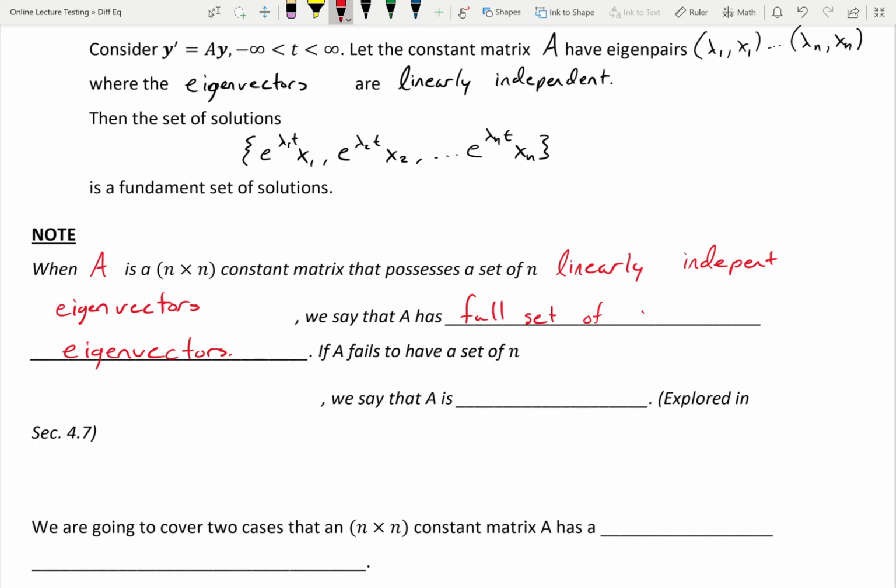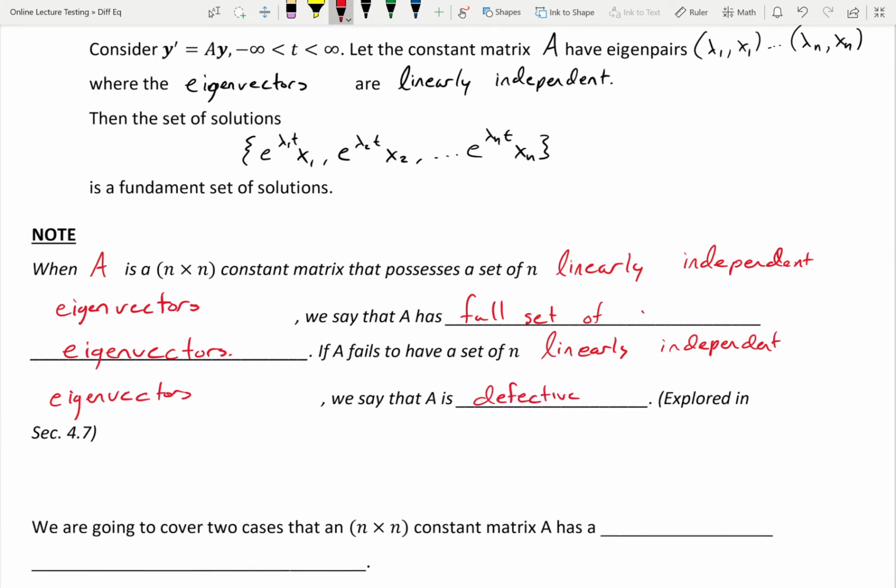If A fails to have a set of linearly independent eigenvectors, catching myself here, I left the last part of independent off. If A fails to have a set of n linearly independent eigenvectors, we say A is defective.